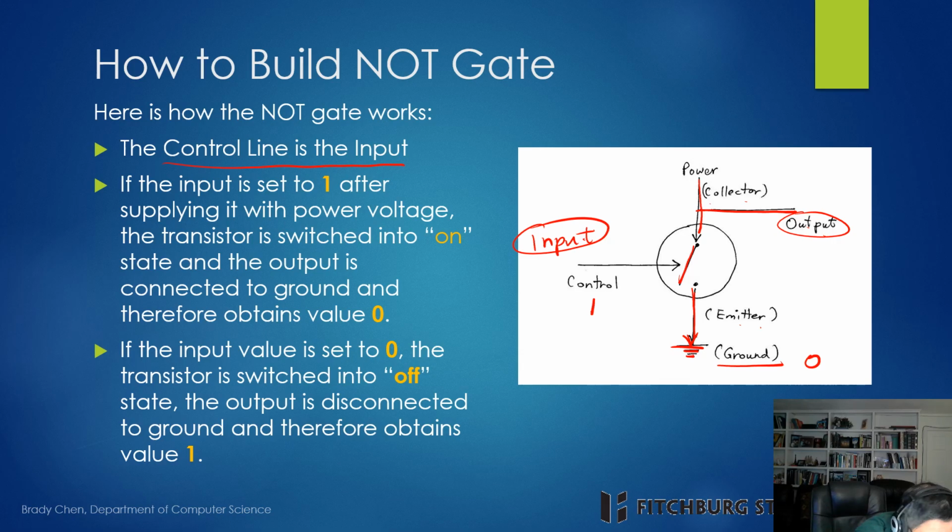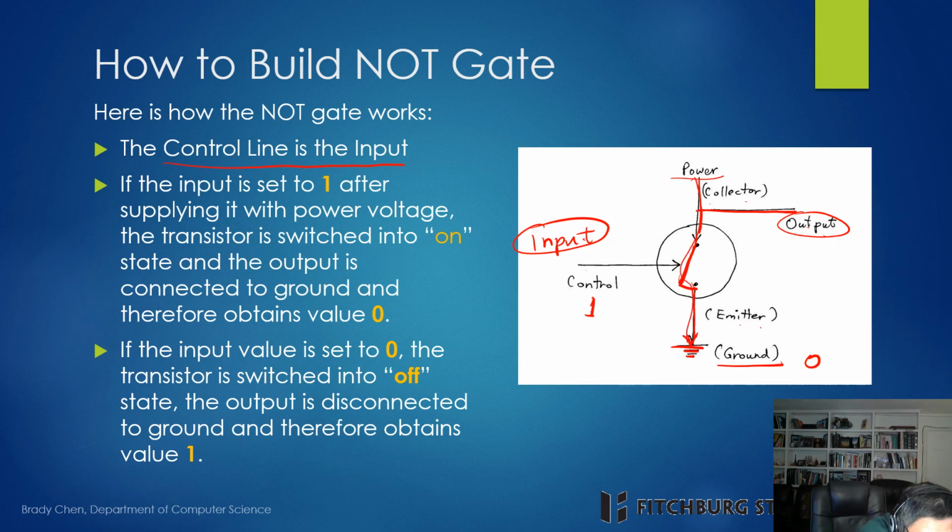So now let's see how it works. Suppose we set the power on the control line, so that means the value is 1. If the value is 1, the transistor switch is going to be connected. So the collector line and the emitter line will be connected, and the power is going to pass through.